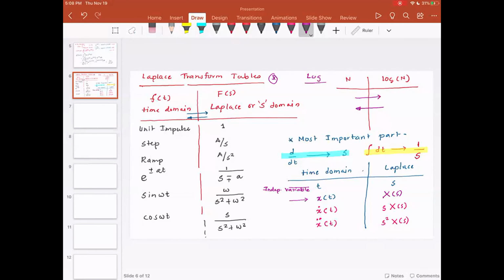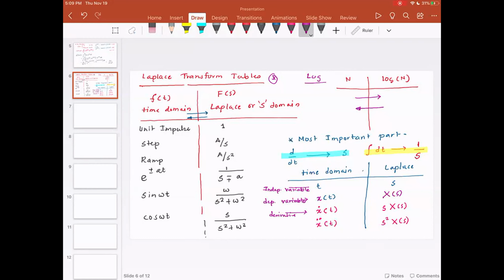Your dependent variable in time domain is small x comma t. In the Laplace domain, your dependent variable is capital X comma s. In time domain, if you are taking the derivative, in the Laplace domain it becomes a multiplication, and that is super important.